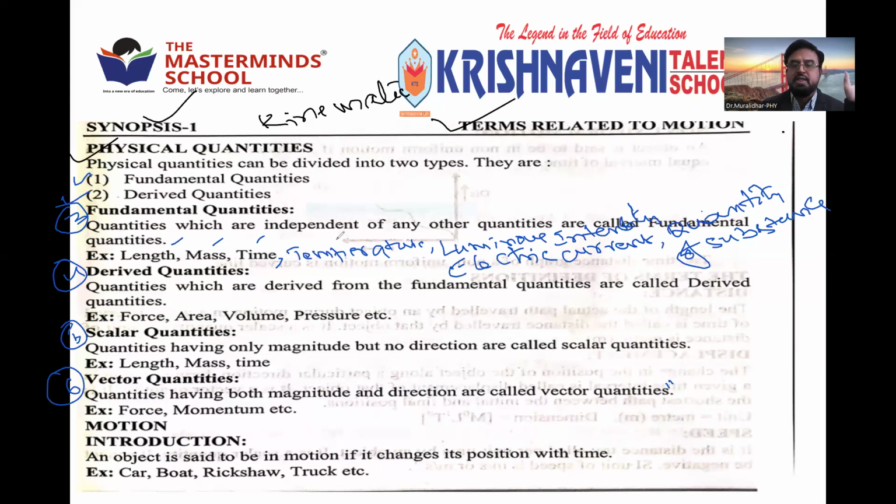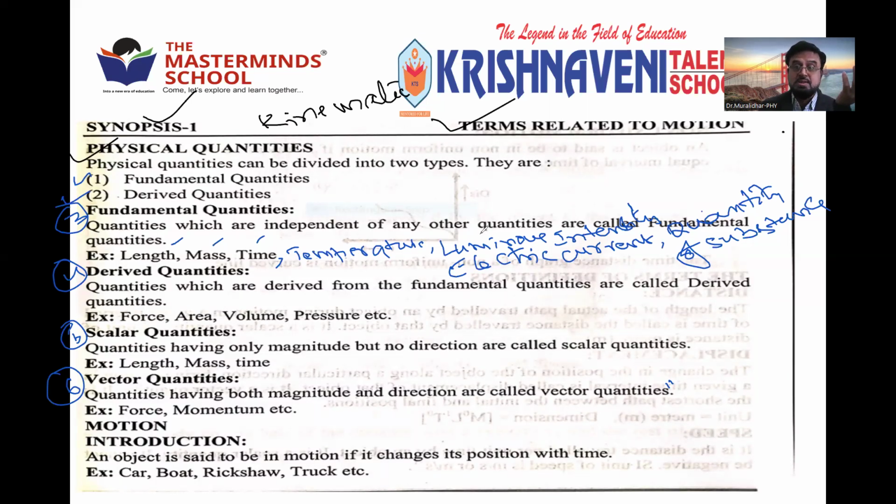They do not depend on anything. Such quantities are called fundamental: length, mass, time, temperature, luminous intensity, electric current, and quantity of substance. So there are 7 fundamental quantities. Initially there were only 3. Later they added 4 more. So note these down.